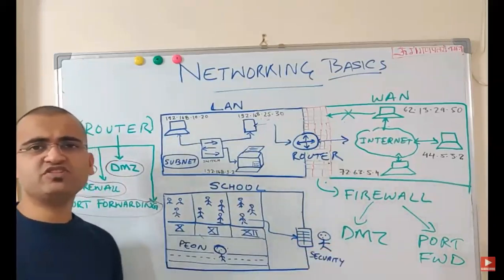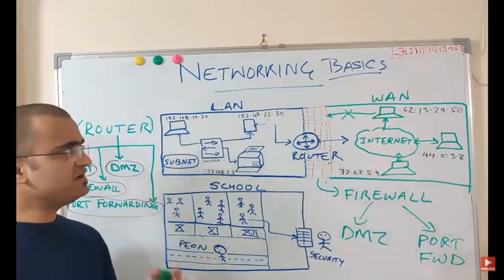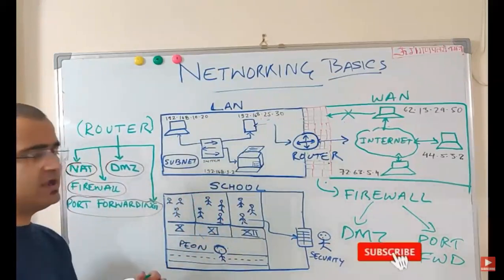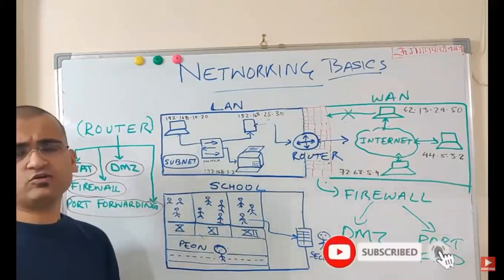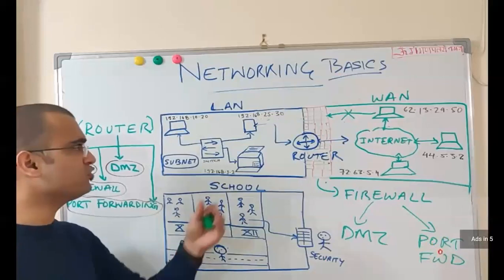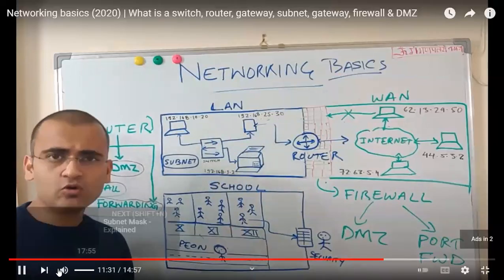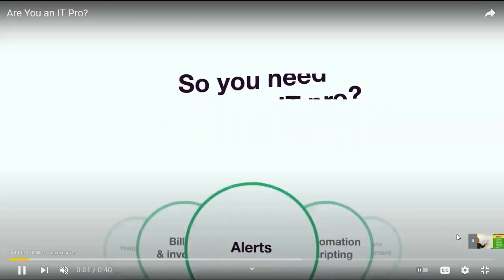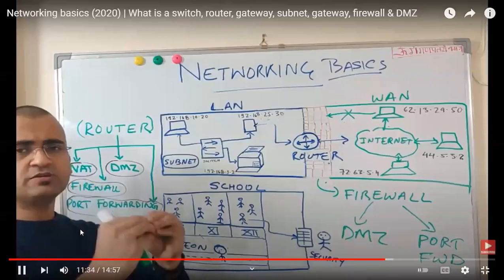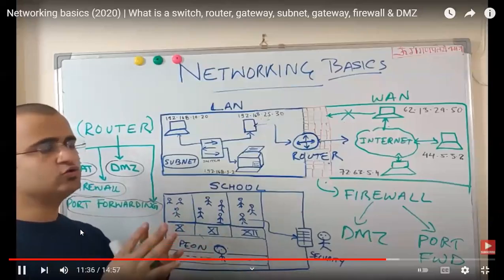What is a DMZ? DMZ is demilitarized zone. A demilitarized zone is a zone created within the local area network, wherein it is specified to the router that whenever any ad hoc external network connection wants to try to establish a connection with the local area network, you simply pass on that connection to the DMZ.